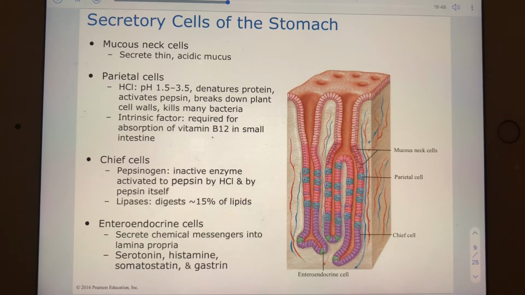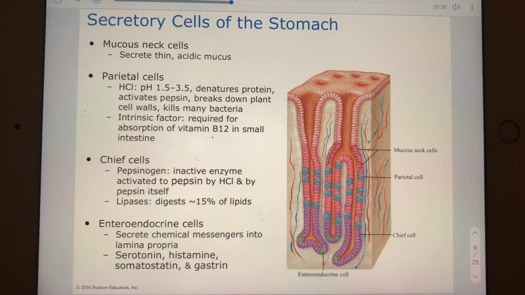And I just finished mentioning that HCl activates pepsinogen into pepsin. So once pepsinogen is exposed to HCl, really in the lumen of the gland, okay, it will be activated to pepsin. Also, pepsin will in turn activate pepsinogen. So pepsin being present in that lumen also helps to activate pepsinogen.